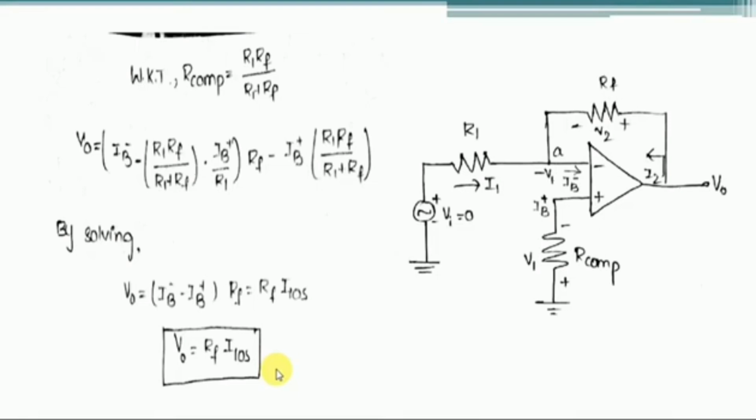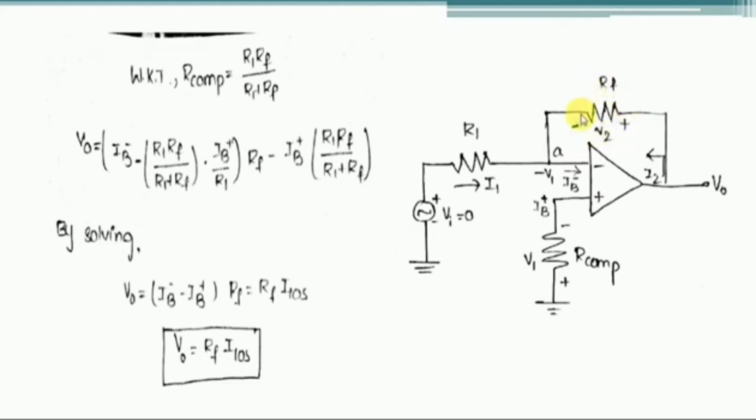In order to compensate that millivolt signal also, we are simply modifying this circuit. This current is flowing through the resistor RF. If you minimize this offset current, then finally we will obtain a zero output voltage signal at this op amp. Now how we reduce this IIOS is by modifying this resistor, or we can say by adding a network to this resistor.